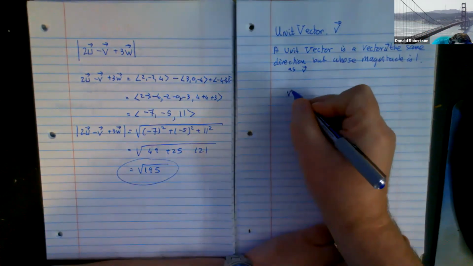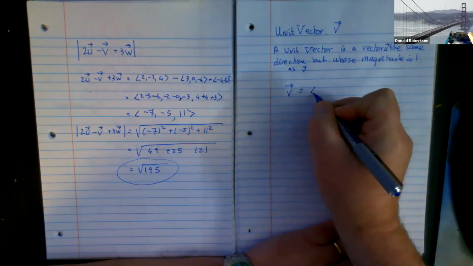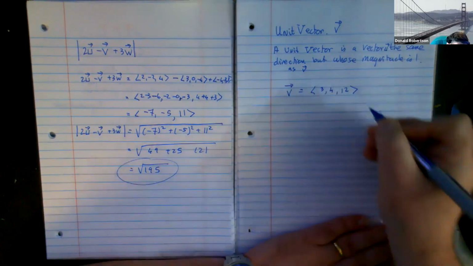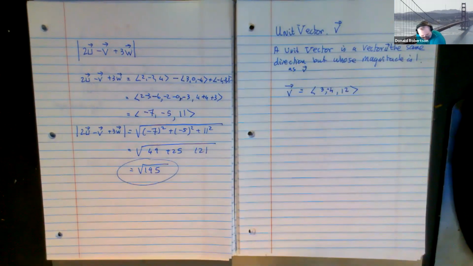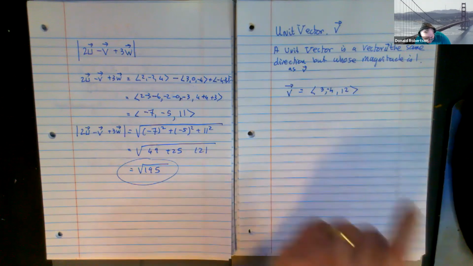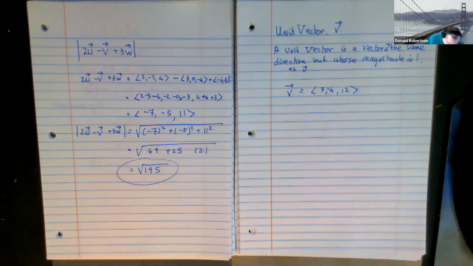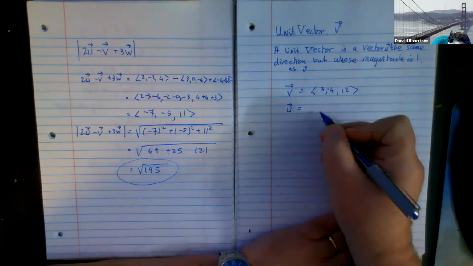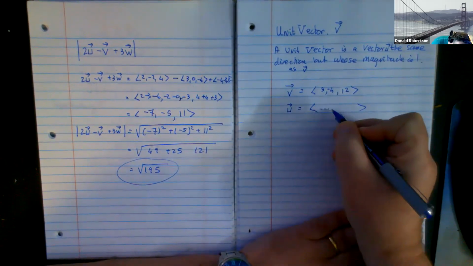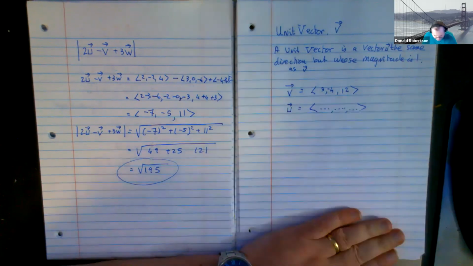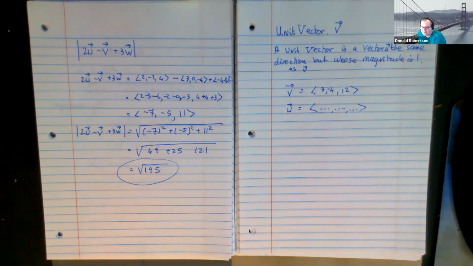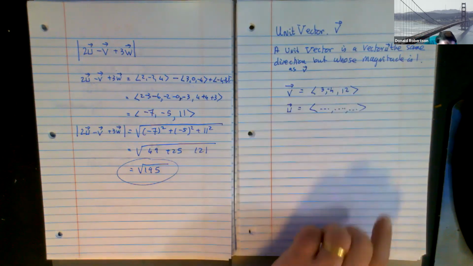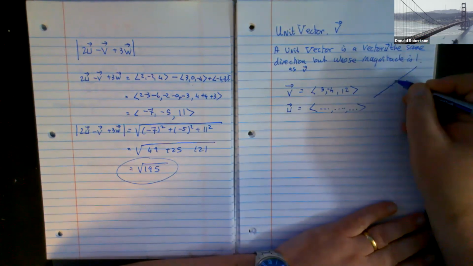So here's an example of what that question might look like. Find the unit vector of this vector. Call it u. So I have to figure out a strategy for finding a vector that's traveling in the same direction as this one. Can you imagine that this is what v looks like?